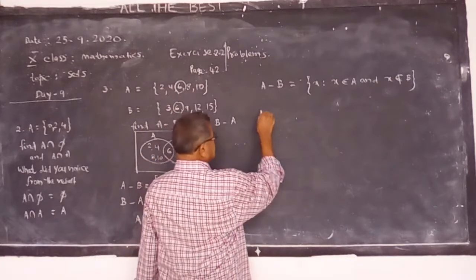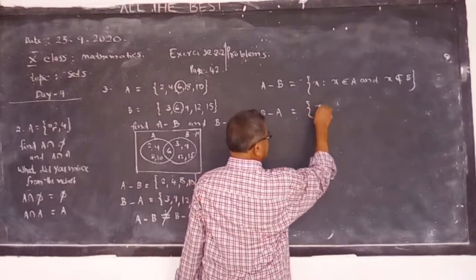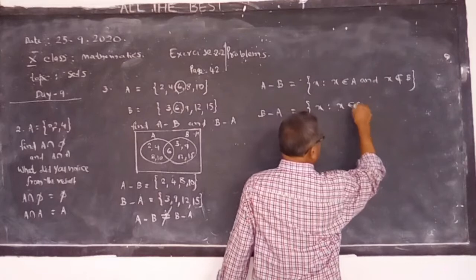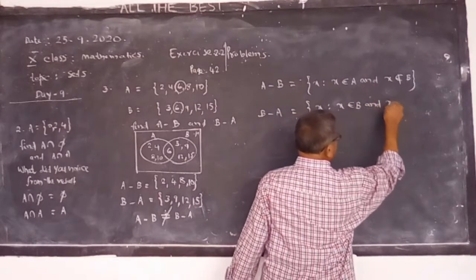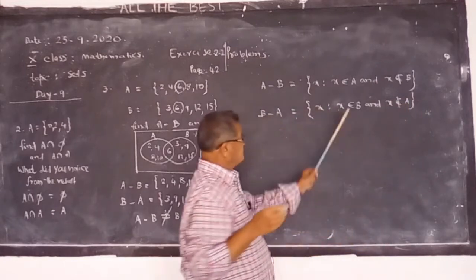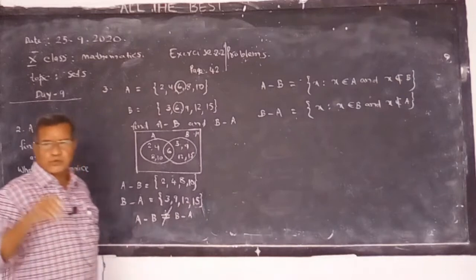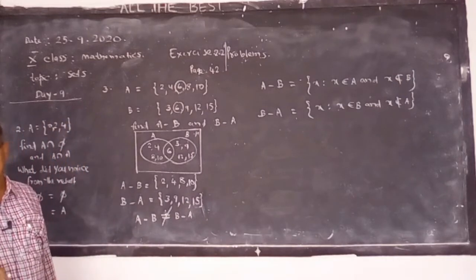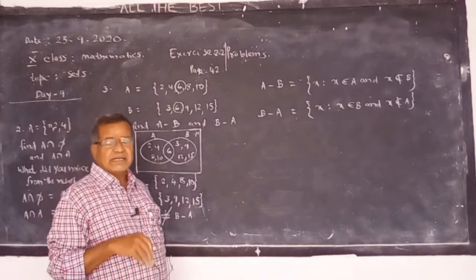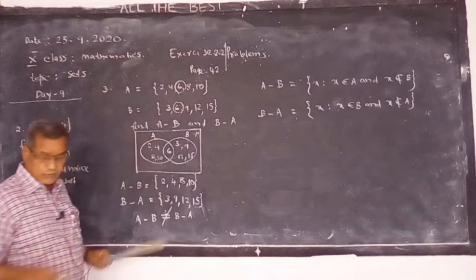And B minus A is x such that x belongs to B and x does not belong to A. For union, x belongs to A or x belongs to B. For intersection, x belongs to A and x belongs to B. Don't confuse them.